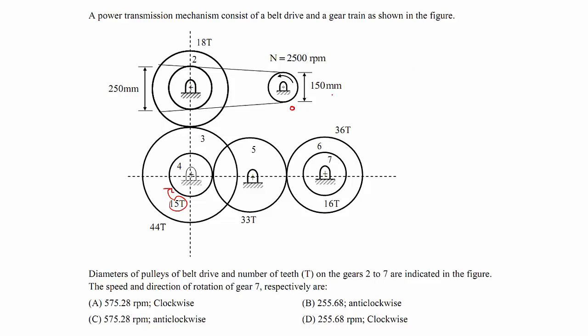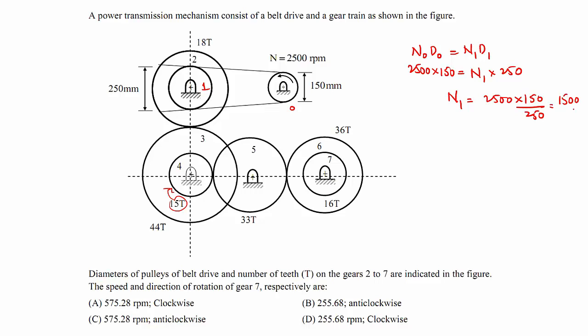So N0 D0 equals N1 D1. N0 is 2500 and D0 is 150, N1 is not known and D1 is 250. So N1 is equal to 2500 into 150 divided by 250, which is 1500 RPM.